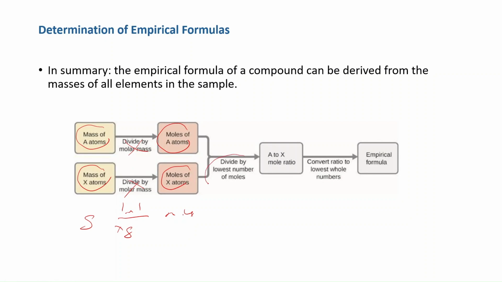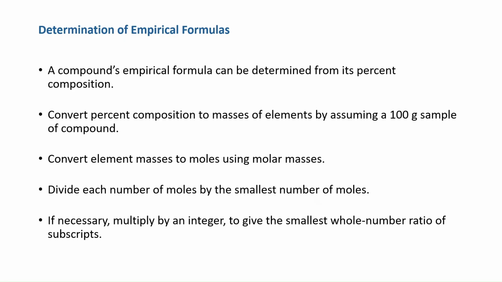Now divide by the smallest number, and if necessary, make sure that they're whole numbers. But sometimes it comes out right from the beginning, sometimes you don't need it. Okay, this is pretty much the steps. Change it to moles, divide by the lowest number of moles. If necessary, make sure that the numbers are whole numbers, small whole numbers. End of the story.